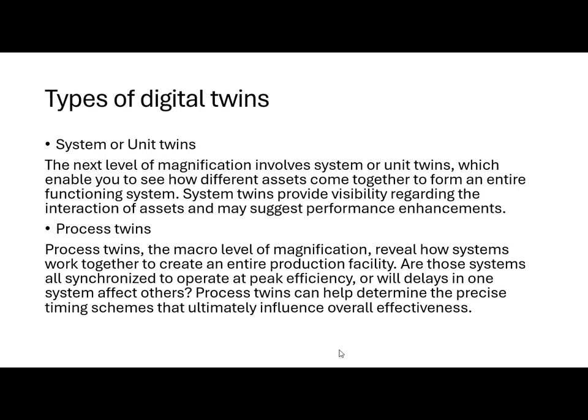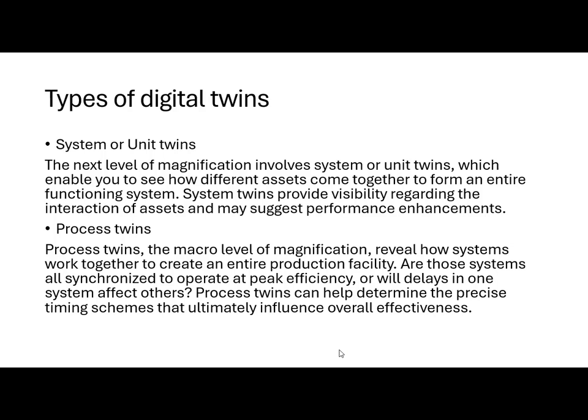Types of digital twins: we have system or unit twins. The next level of magnification involves system or unit twins, which enable you to see how different assets come together to form an entire functioning system. System twins provide visibility regarding the interaction of assets and may suggest performance enhancements.